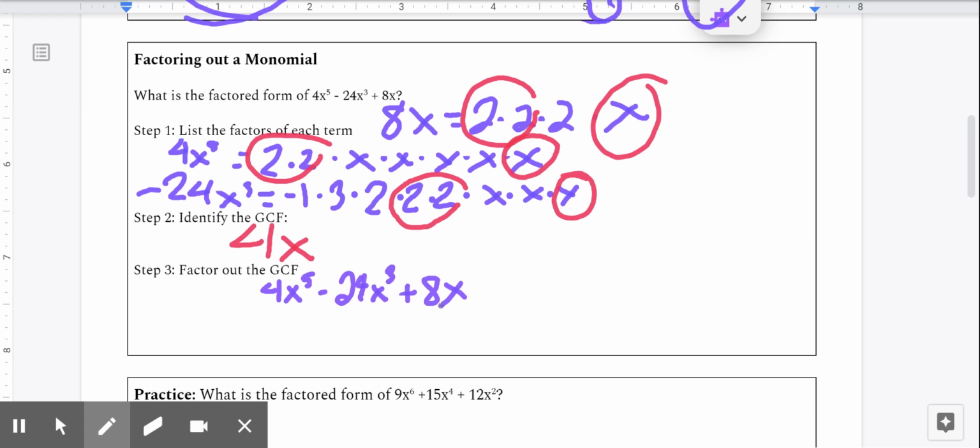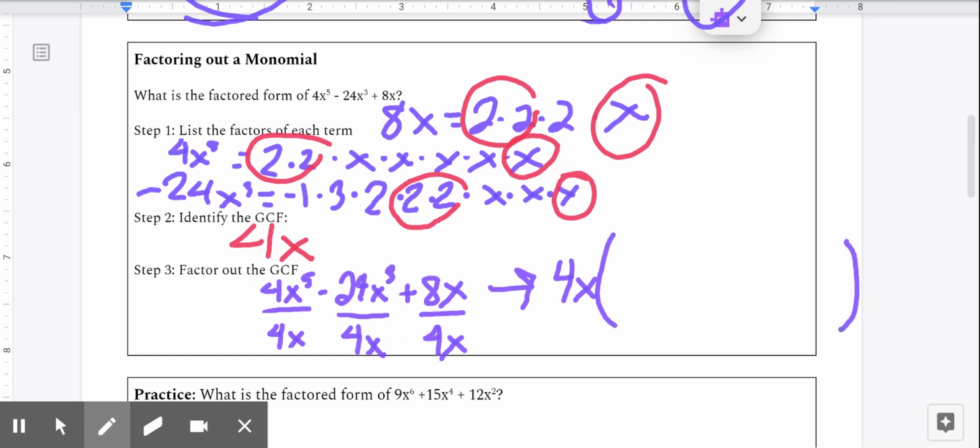You could also think of it as the opposite of the distributive property, like pulling out that GCF from each term. And so when we do that, to get our factored answer, we have to take each of these and divide it by that GCF. Okay, and so we're not really getting rid of that 4x. We're more pulling it out front like we would if we were undoing the distributive property.